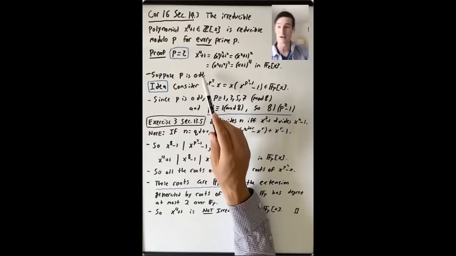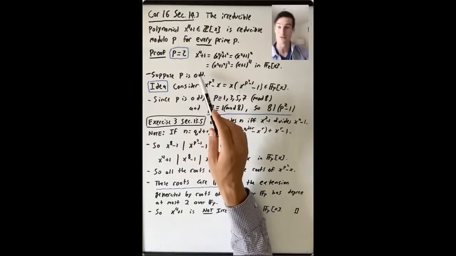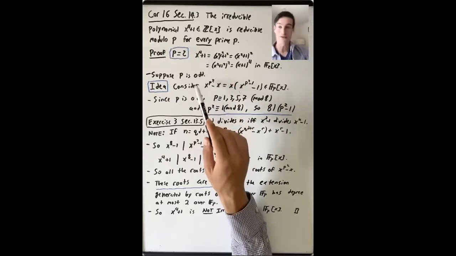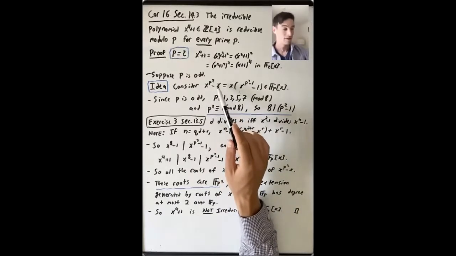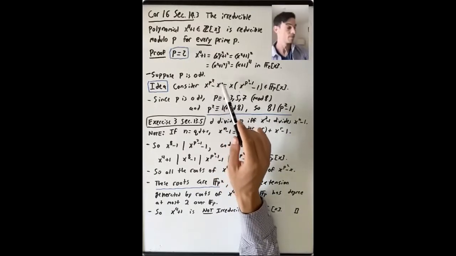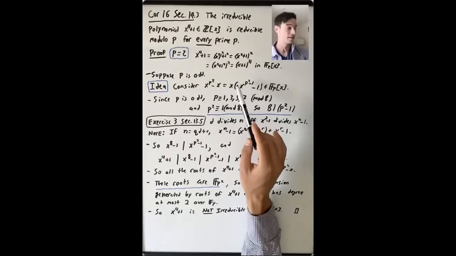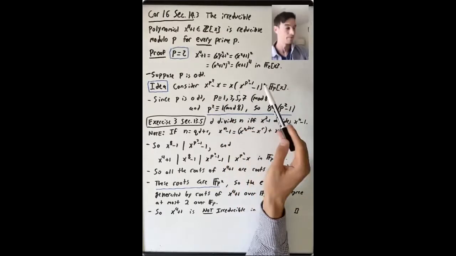Okay, so for the rest of the argument, we just have to show that for every odd prime, this polynomial is reducible. And there's a clever idea here. What we're going to do is consider x^(p^2) - x. Remember, the finite field of order p^2 is the splitting field for this polynomial over F_p. This factors as x times (x^(p^2 - 1) - 1), so there's a factor of x, clearly.